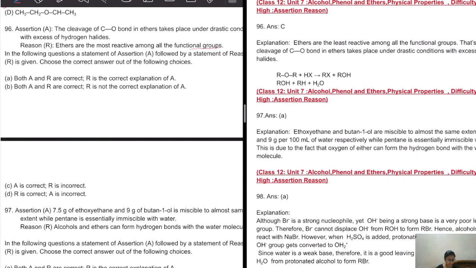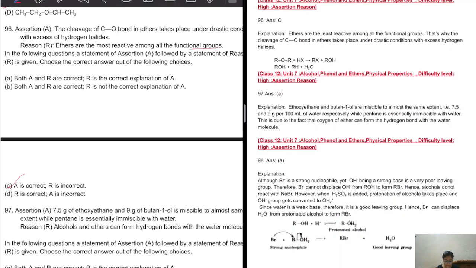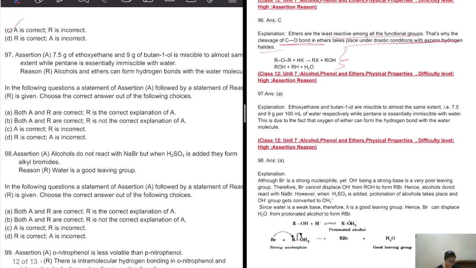That is why we need more drastic conditions. If something is more reactive, then it can easily form the product. If it is less reactive, then we need to provide more heat or something to react. So the correct answer is C. Ethers are least reactive, and that is why ether cleavage takes place in excess hydrogen halide. So this is the reaction for the same. Let's see the next question.